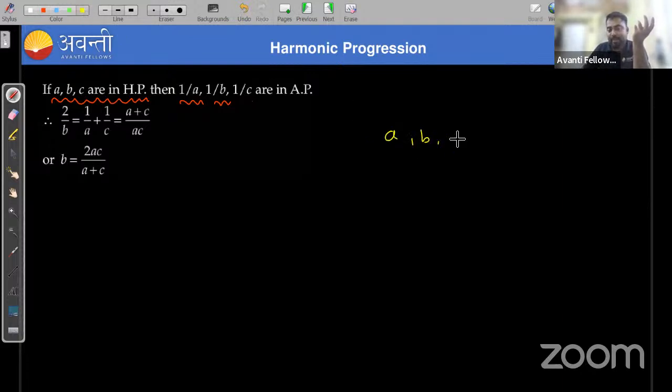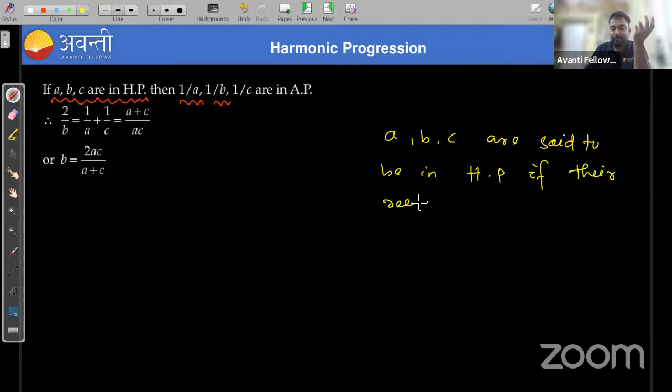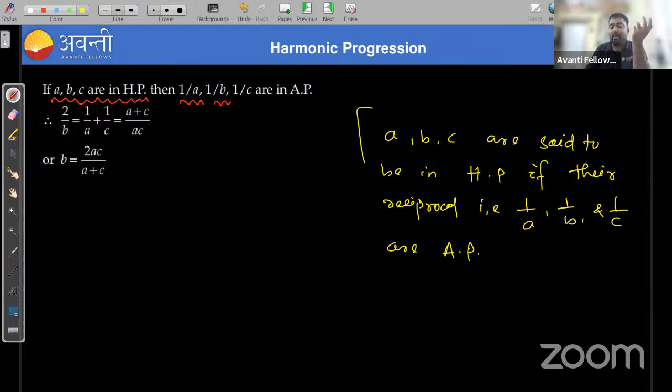A, B, C are said to be in harmonic progression if their reciprocals, that is 1 upon A, 1 upon B, and 1 upon C, are in arithmetic progression. This is the definition of harmonic progression.